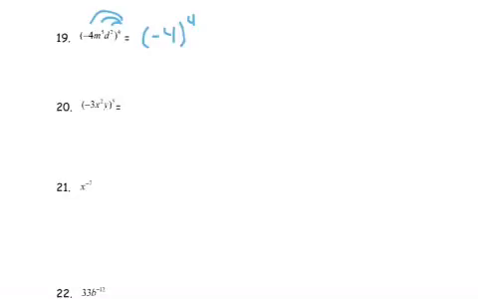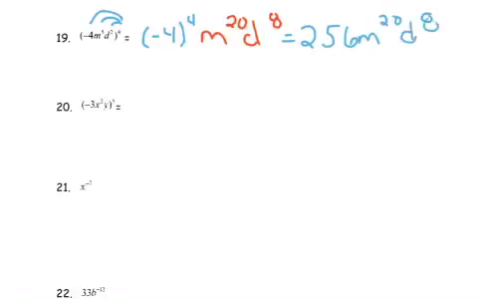And then m to the 5 times 4 is 20. D to the 2 times 4 is 8. However, you are not done yet. You have to find out what is negative 4 to the 4th power. So you can either figure it out in your head or use your calculator. Your final answer would be 256 m to the 20th d to the 8th.